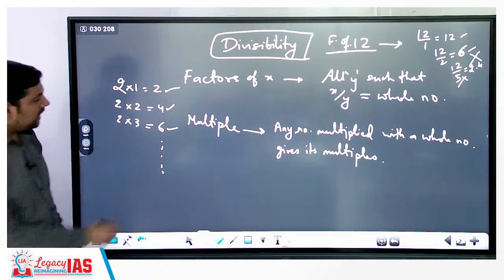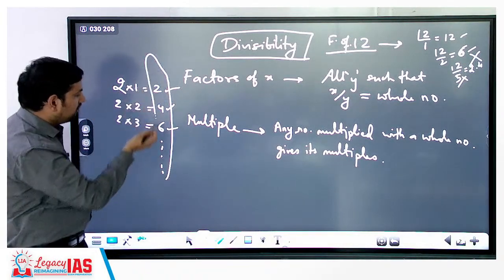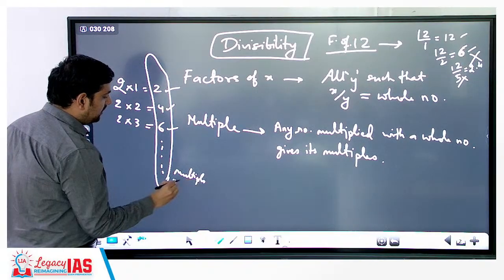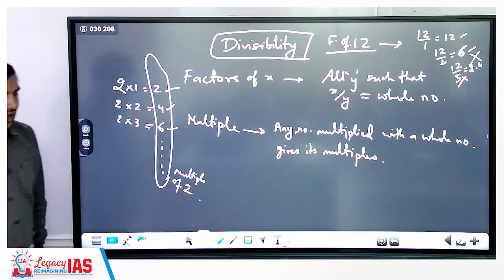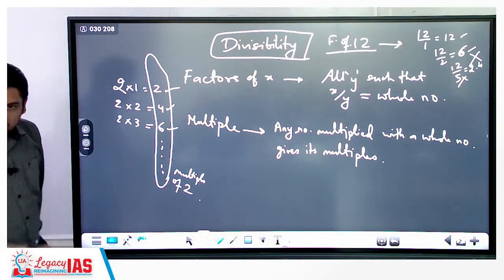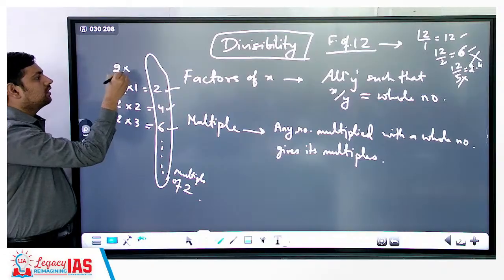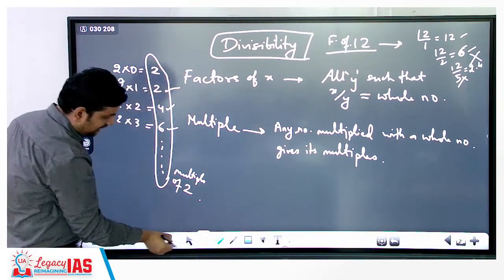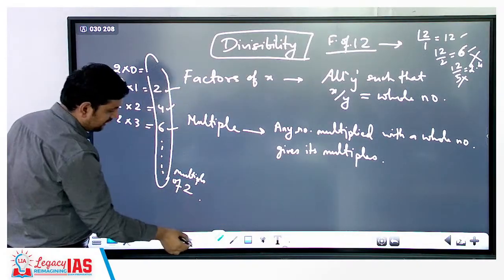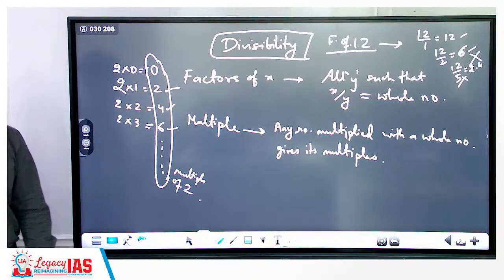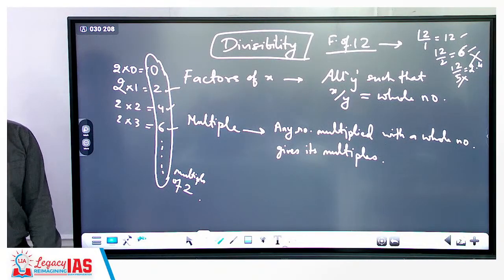So these all are multiples of 2. One more space is left because I said multiplying by a whole number. 2 into 0 is 0. 0 is also a multiple of every number.